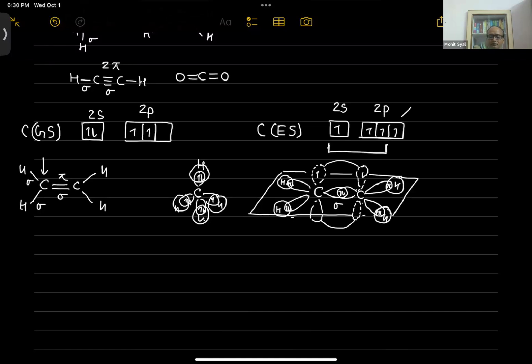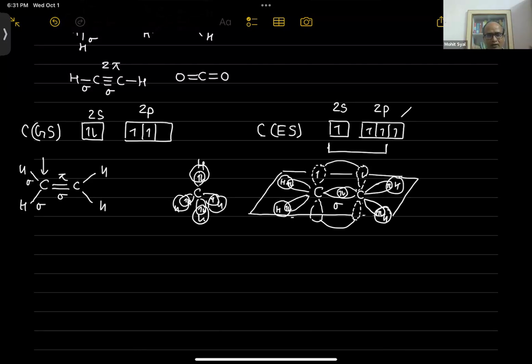In a pi bond, the electron density is above and below the molecule, while the sigma bond is along the line joining the two atoms. This is a double bond; it cannot rotate.